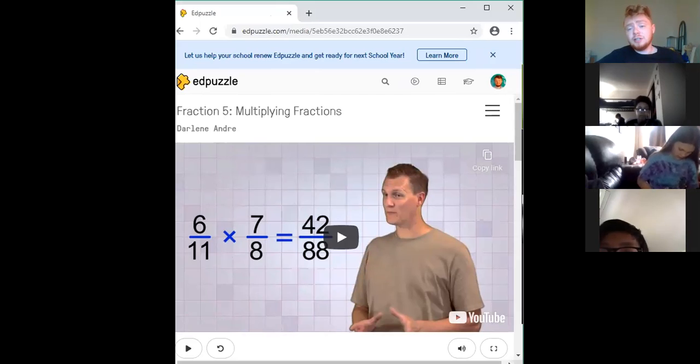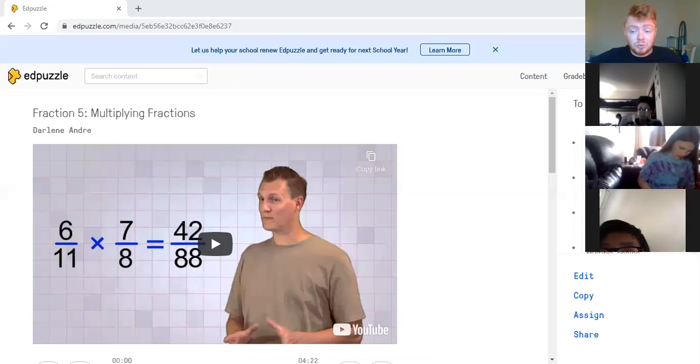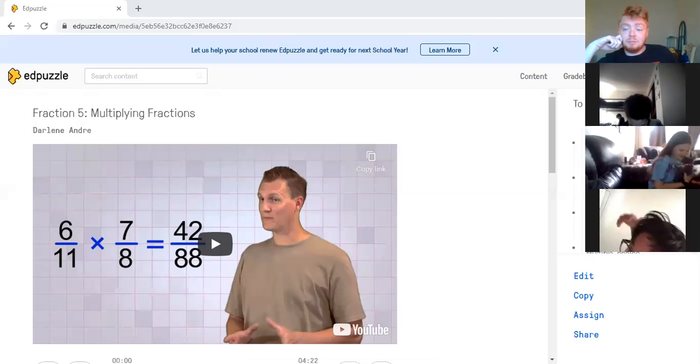We are officially in chapter 10 in our textbook. If, for example, we were in school and all using our books, we would be in chapter 10, which is getting into a lot of dividing and multiplying fractions. So today we're just going to be introduced to multiplying fractions a little.